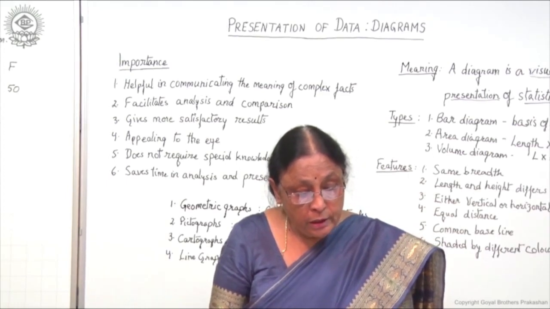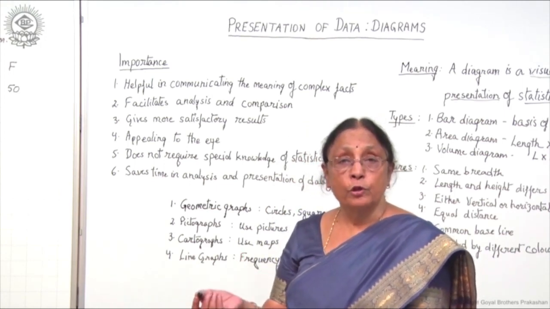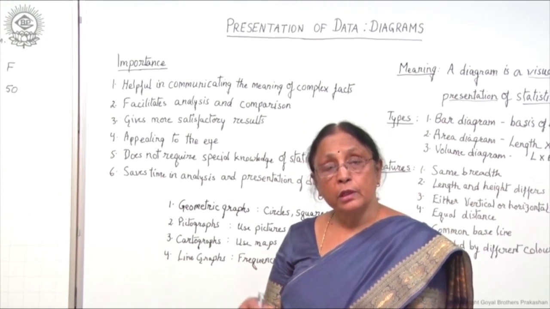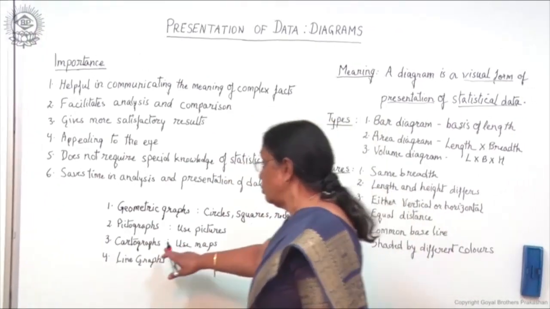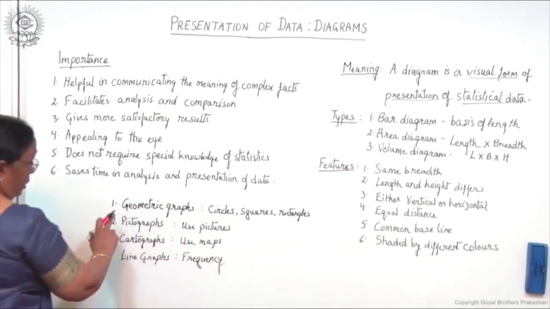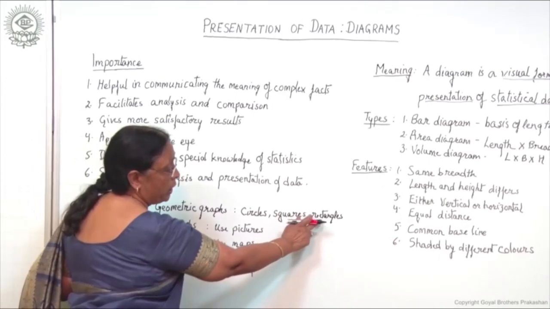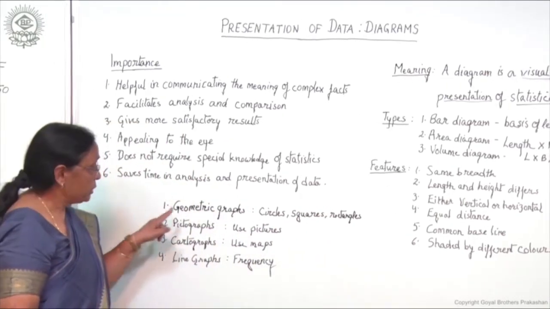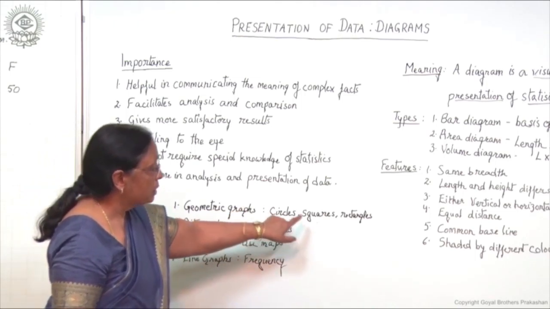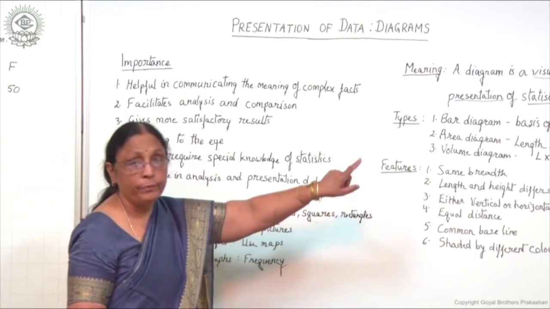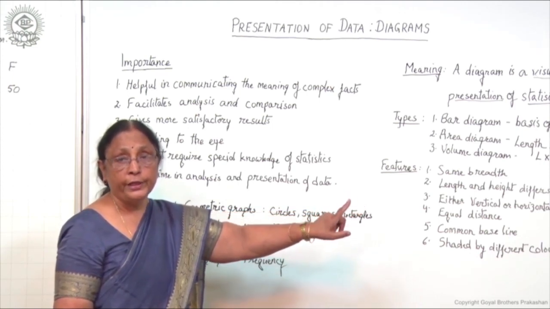Now, these diagrams, as I told you, can be shown in different forms also: in geometric forms, in the form of pictograph, or in the form of cartograph. Geometric graphs are in the form of circles, squares and rectangles. The bars we have drawn here are in the form of rectangles.